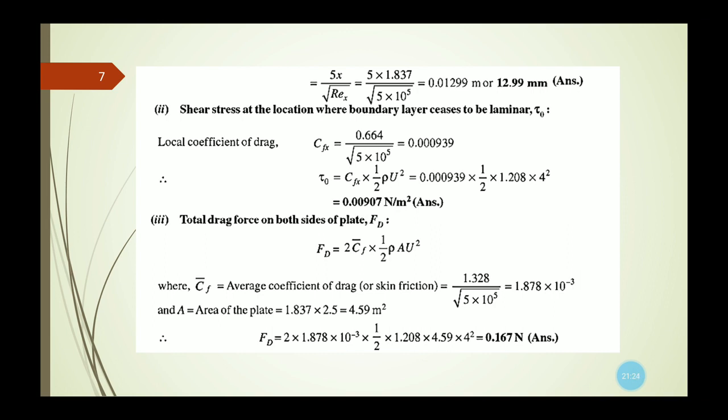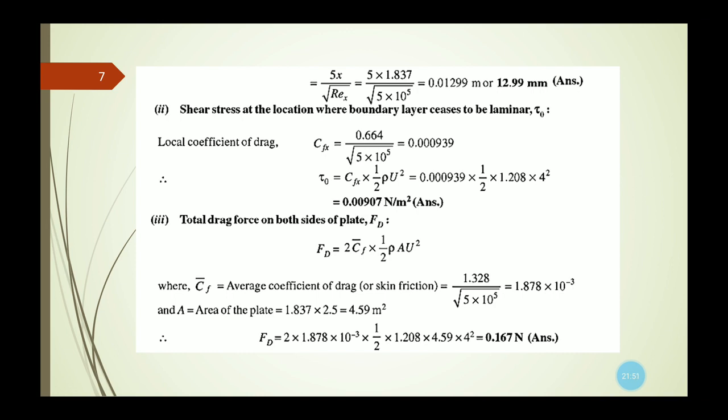Cfx, the skin friction coefficient or drag coefficient, is actually the ratio of shear stress by dynamic head. So shear stress tau equals Cfx multiplied by half rho u square. In this formula all the values are known to us, so we can calculate the shear stress, which is coming as 0.00907 Newton per meter square.